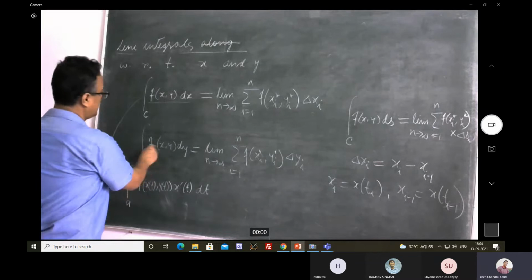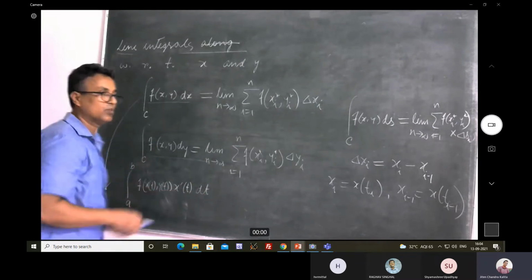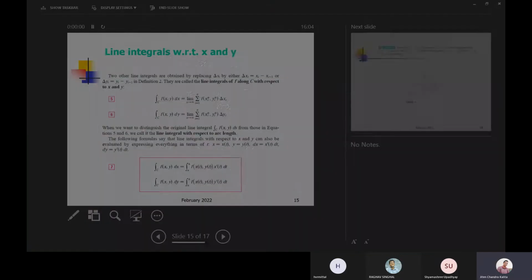Similarly for this one, I get y prime of t dt. Let me show you the formula here.